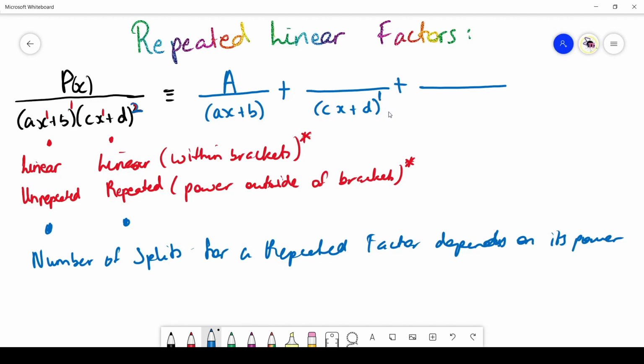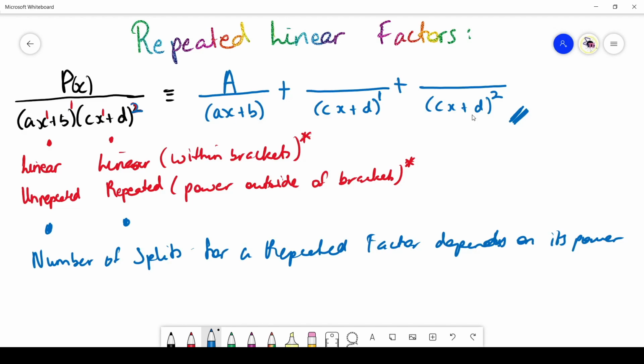You start from the basic factor that's within bracket. And then you go ahead and you rewrite it again, but this time you increase the power, so it goes to 2. And you would keep doing that if the power were 3 and 4 and 5, and you stop when your last fraction is the exact factor that's present in the question.